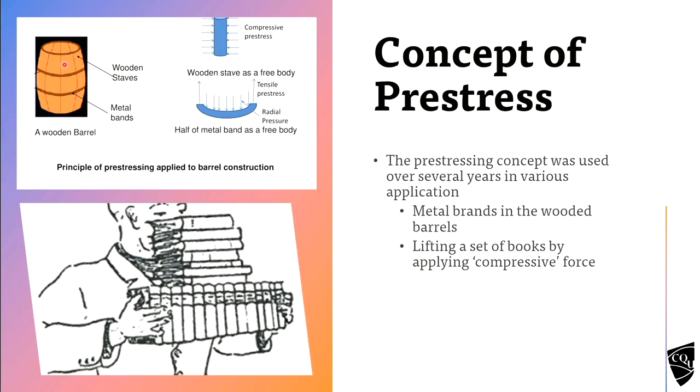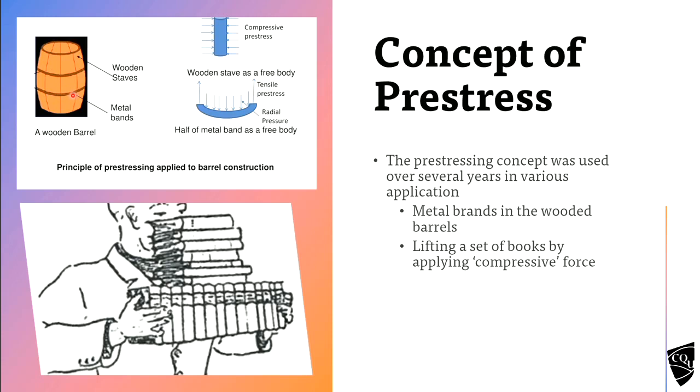So what we do is heat the metal, usually steel, and the metal ring will expand, and we put it over there, like two bands. We heat it and put it there, and then we cool it.